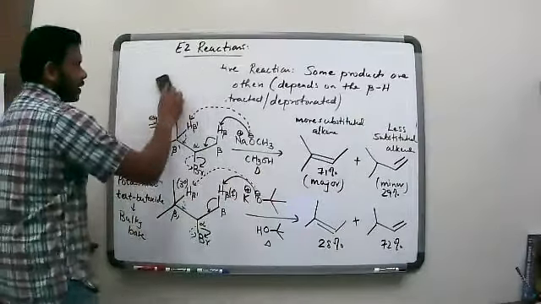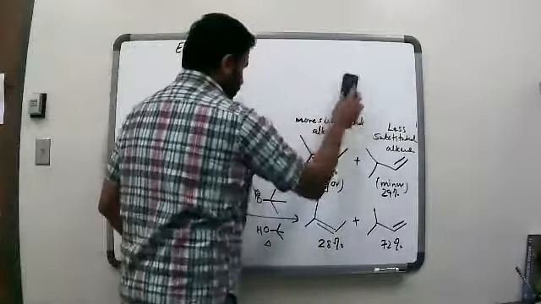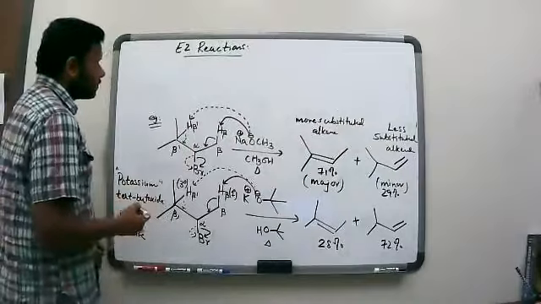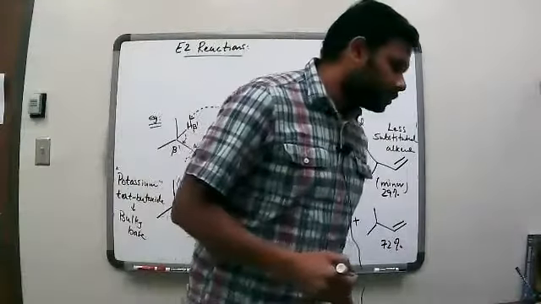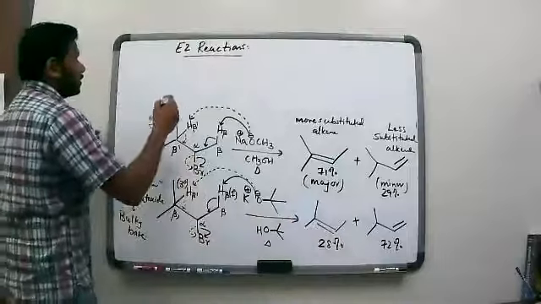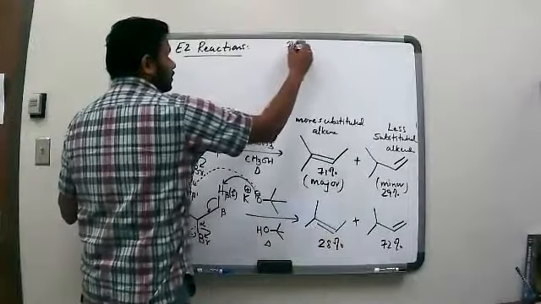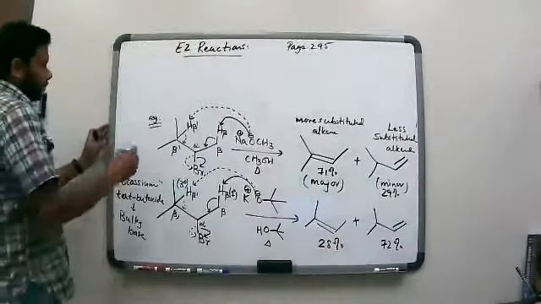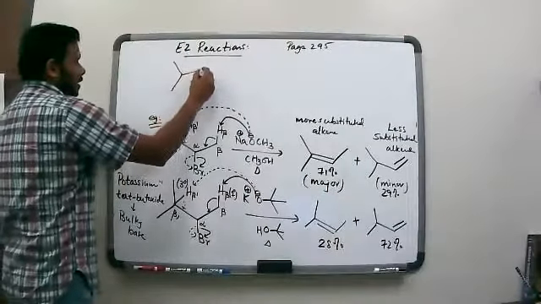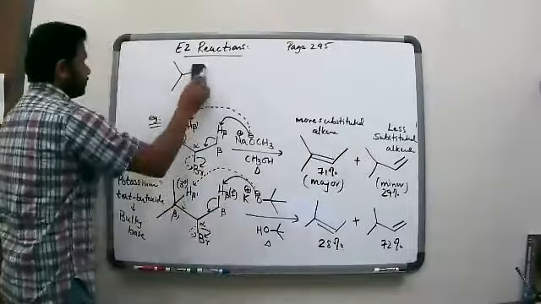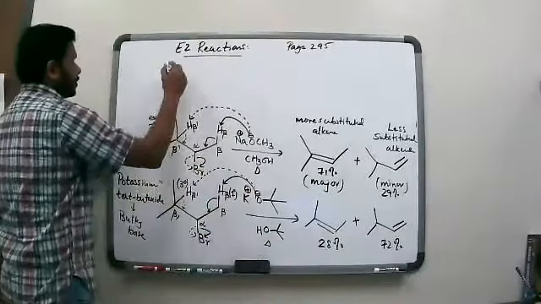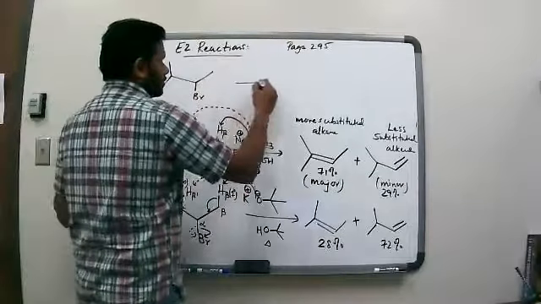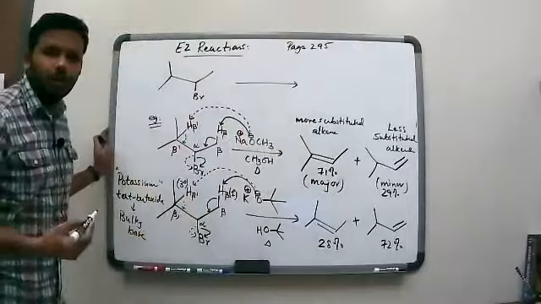So I'm going to write that last reaction over here for lack of space. So it turns out, and this is in the textbook, this is page 295, if we do the same reaction, but use a much bulkier base now.